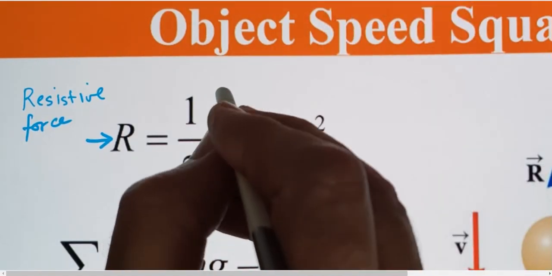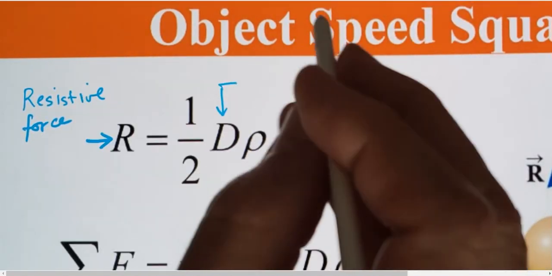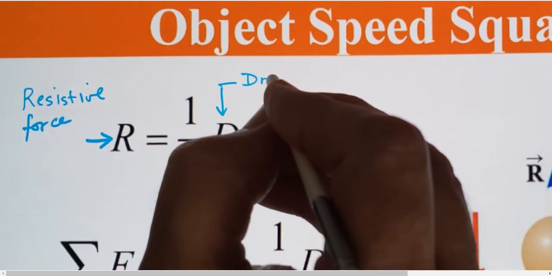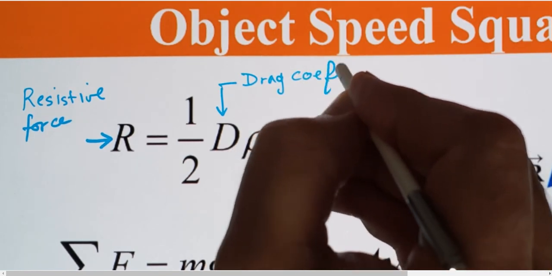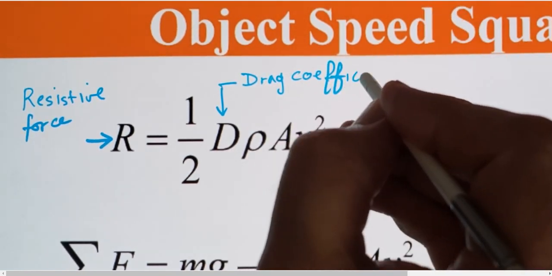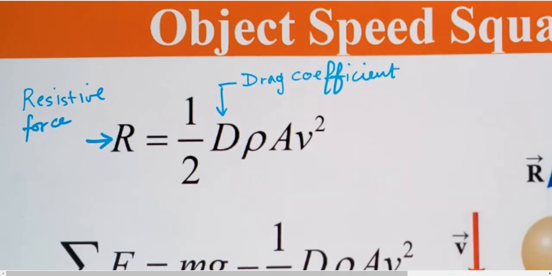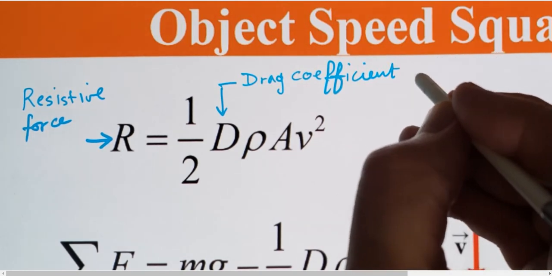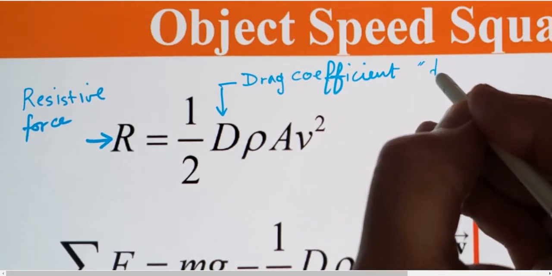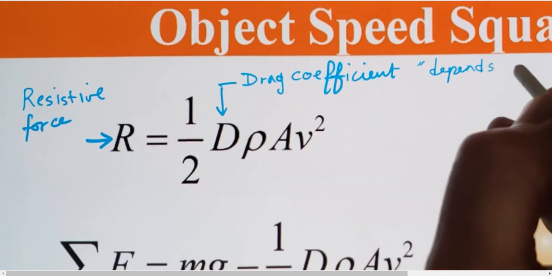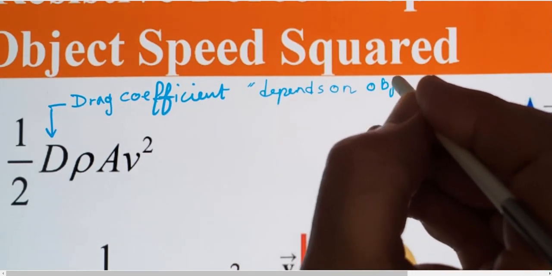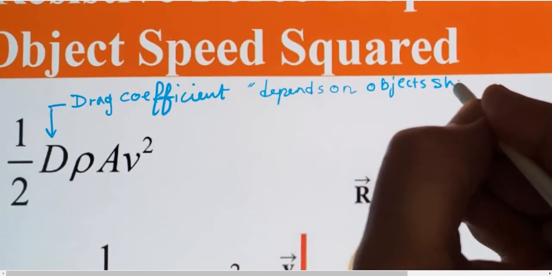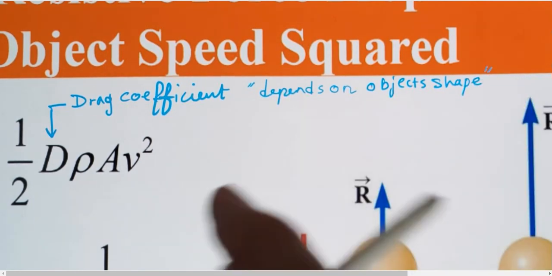D, we call it the drag coefficient, and it depends on the object's shape. That's the drag coefficient.